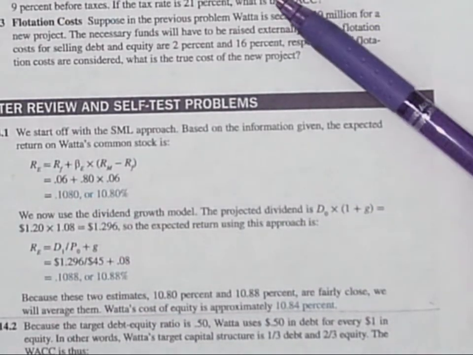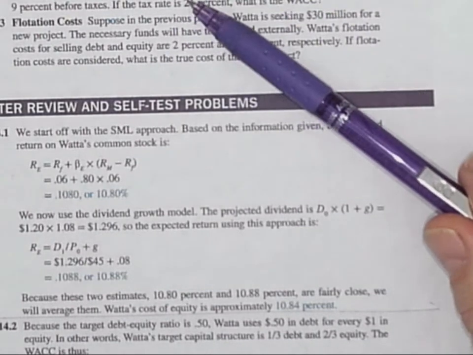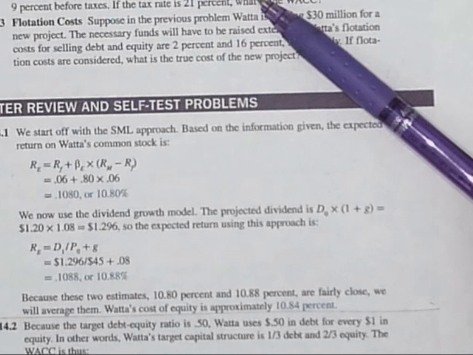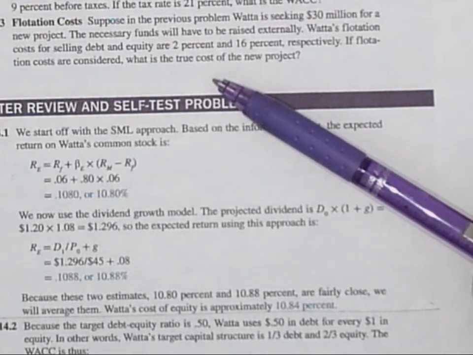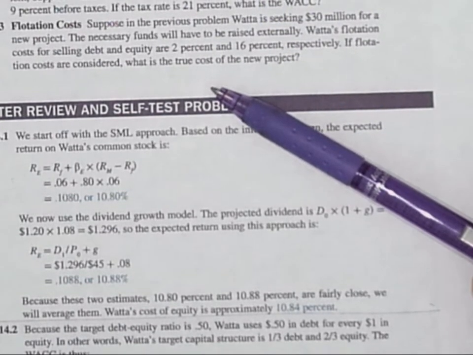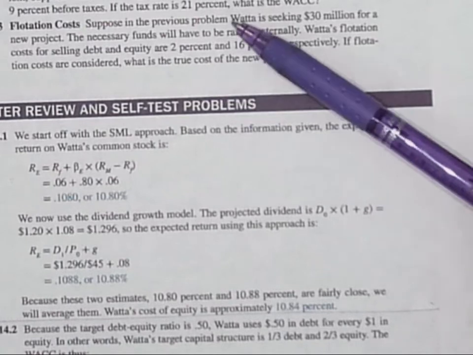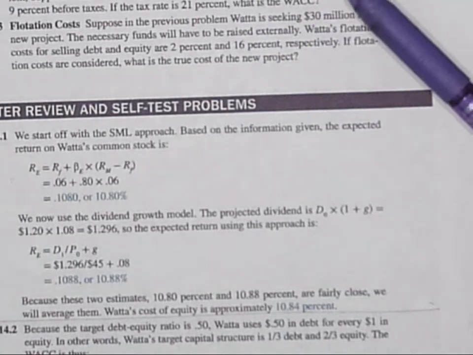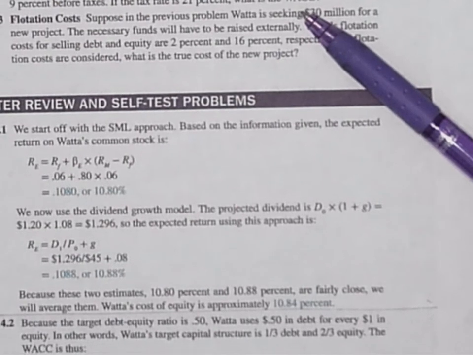Okay, in addition to that information, WADA has a target debt-to-equity ratio of 50%. So debt divided by equity is 50%. And essentially what that means is there are 2 parts of equity for every 1 part of debt.